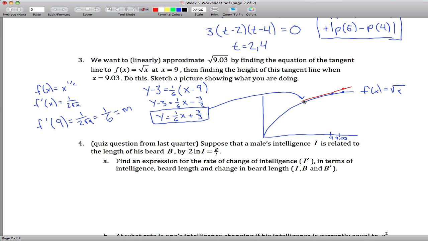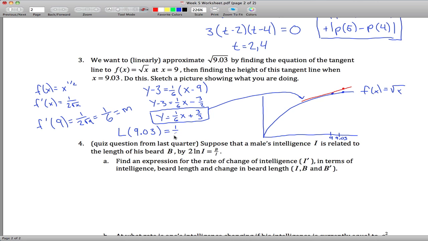And this red line is what we're going to use to estimate this height at 9.03. So our estimate is often written as L of 9.03. This just means the linear approximation at 9.03. So this isn't an exact answer, it's an approximation. That's what this L stands for here.